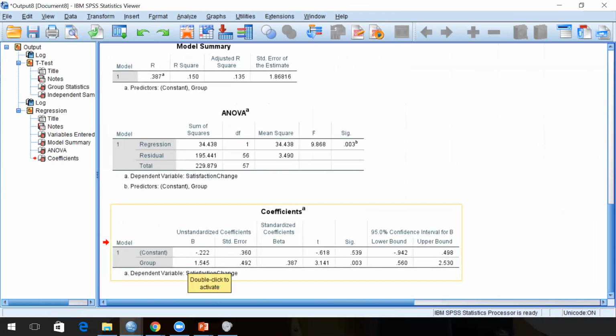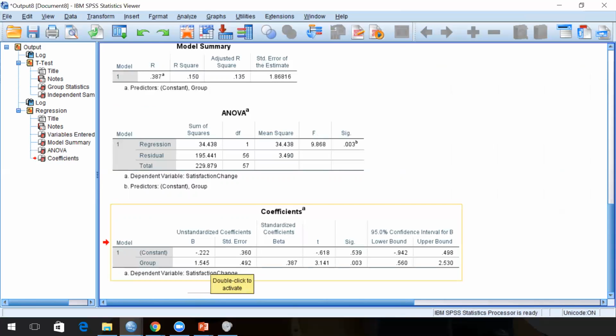Basically, what this is saying is if I'm trying to predict the change in job satisfaction, I'm going to start with my constant of negative 0.222, and I'm going to add to that 1.545 times the dummy variable for group membership. All right. So let's think about this. We're predicting their change in job satisfaction from pre-test to post-test. If someone is in the control group, what are we going to predict the change to be?